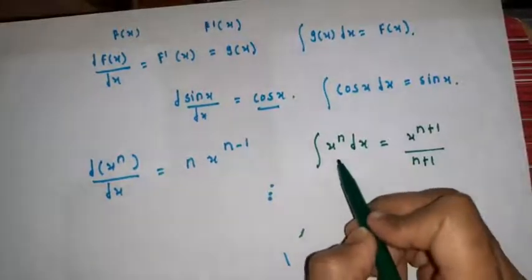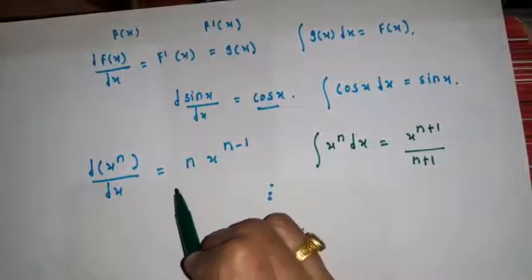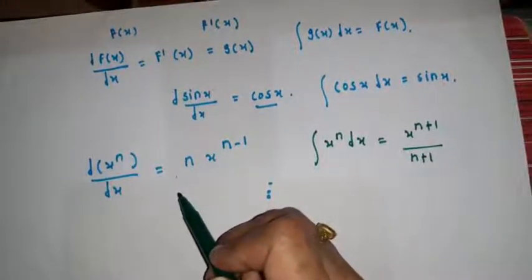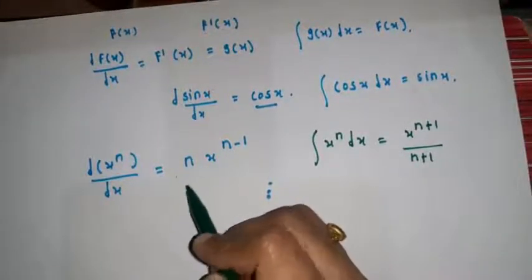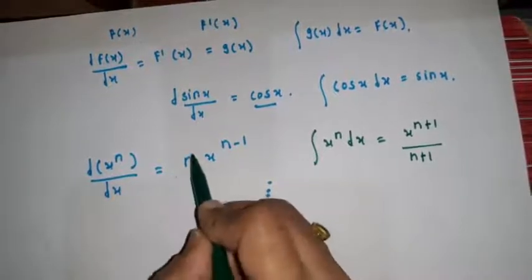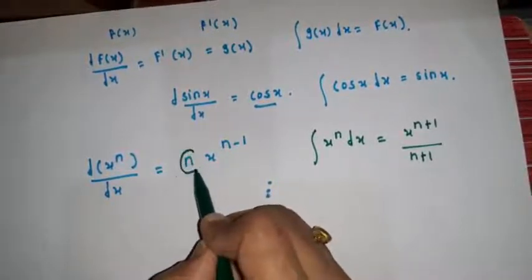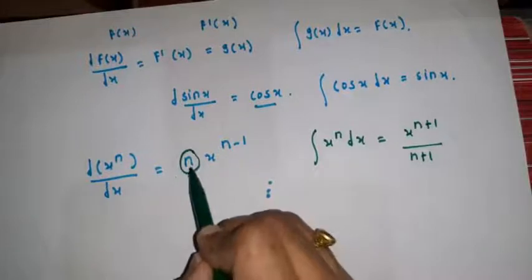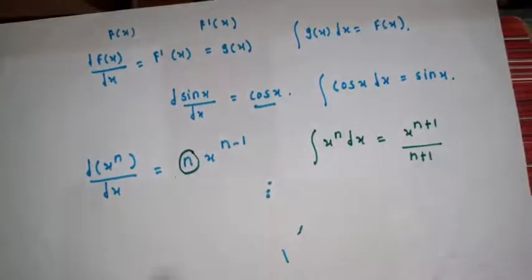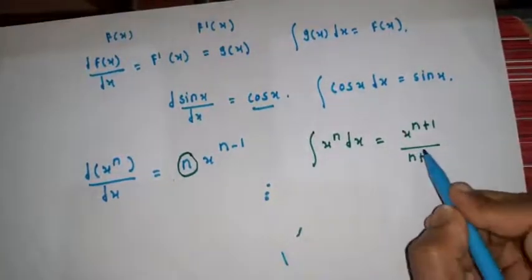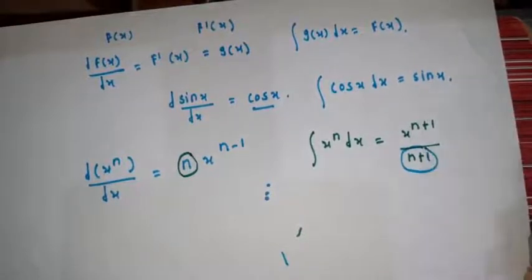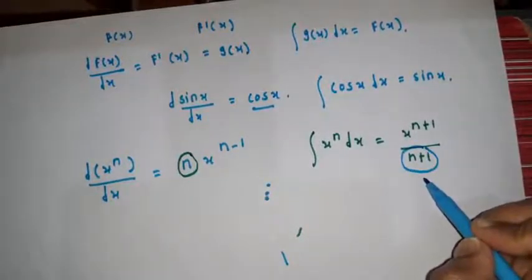This is the integration of the function and that is the differentiation of the function. Okay students, so in the case of derivative we multiplied by n, and in the case of integration we divided by n plus 1.